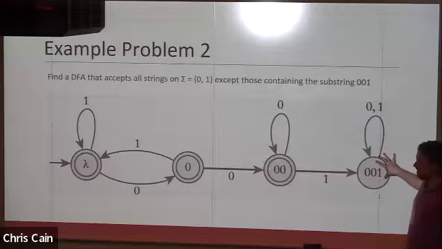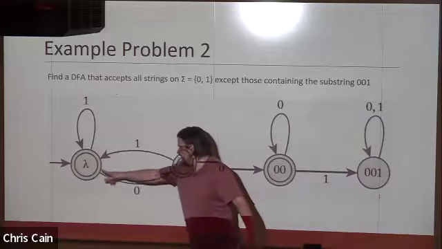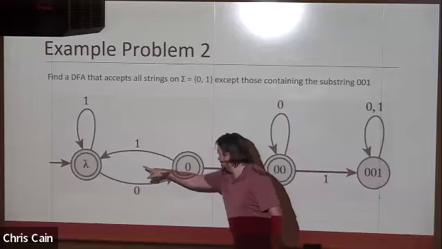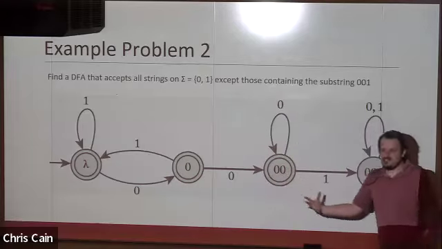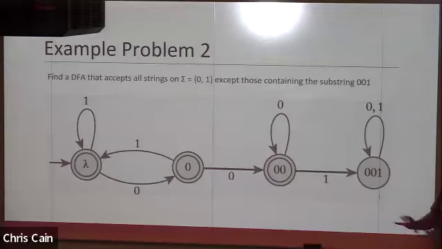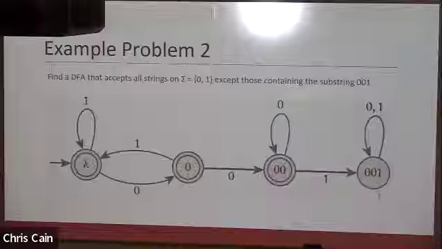So given this construct, if we start with any binary string here, we will end in one of these three accepting states if it does not contain the substring 001 somewhere in it. But if it does contain the substring 001, we will end in this state and reject. So now we have a classifier basically for all strings that do or don't contain that particular substring. So this becomes a solution to that problem, which is quite cool. Great question. Other questions?